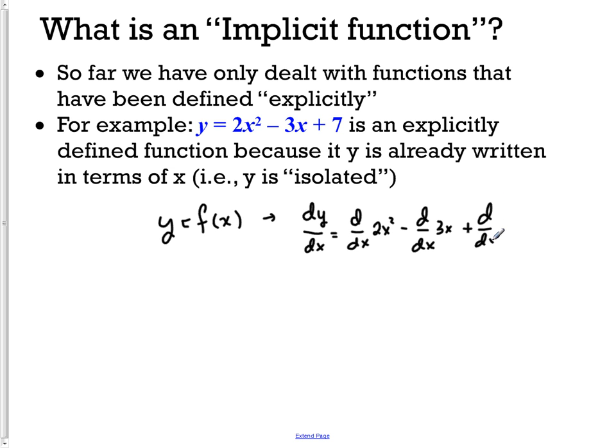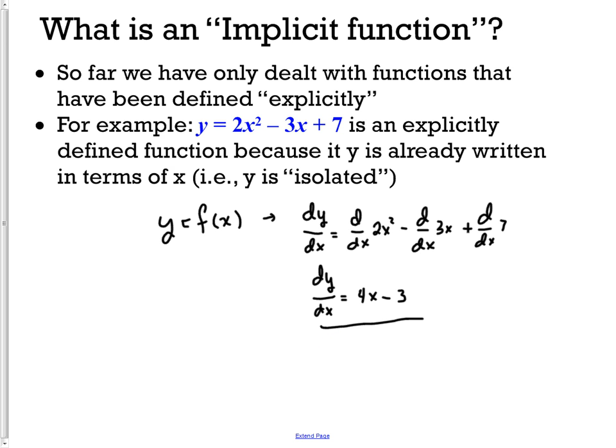And as we know, when we take the derivative of each of those terms that contain x, we don't use this d/dx anymore. We just wind up with dy/dx equal to 2 times the derivative of x squared, and that becomes 4x. And we subtract 3 times the derivative of x with respect to x, which is just 1, so it's 3 times 1, and then plus 0, so we leave it that way, and our derivatives are written this way.